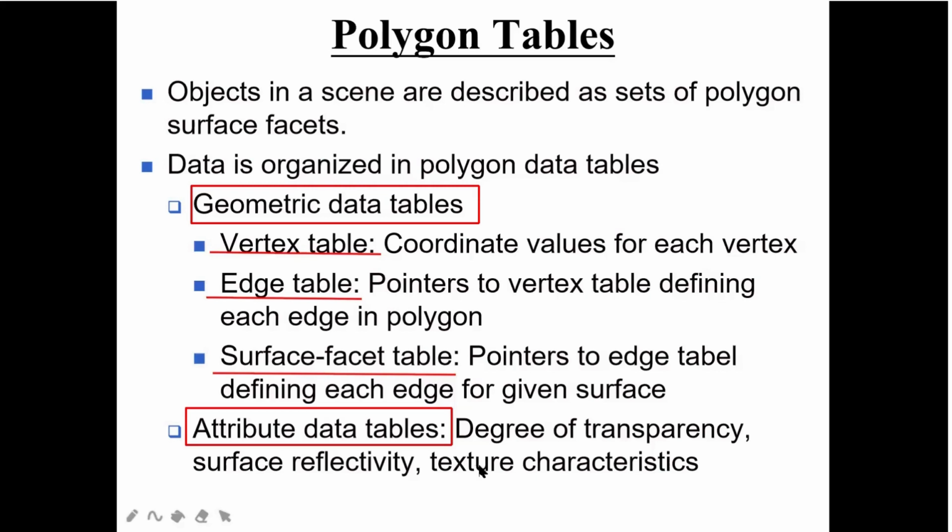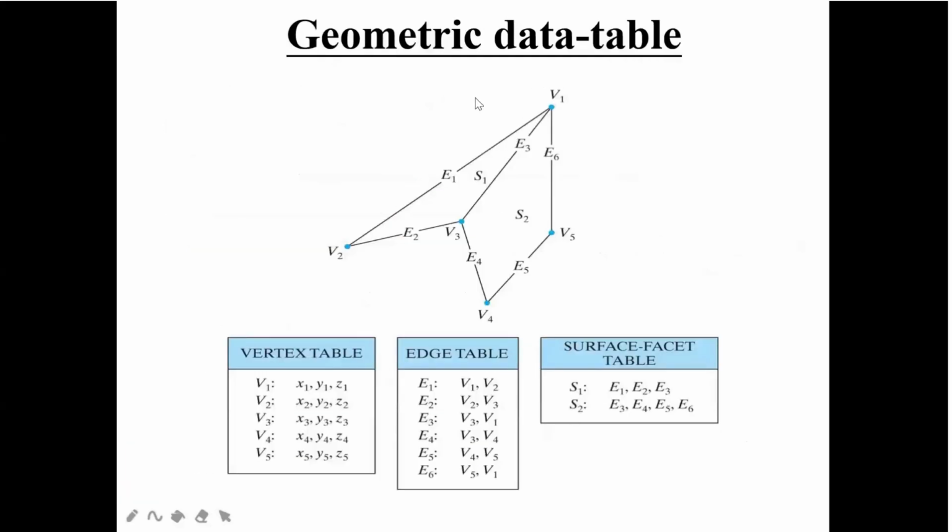Now let's see. Yeah, now this is one diagram I have. I told you we have to make the geometric data table. So I have the vertex table. I have noted how many vertices there are, and I have written all the vertices with their coordinate values. Next, I have to make the edge table.